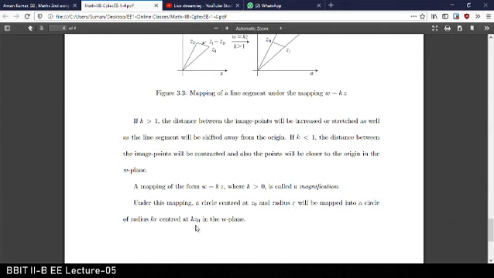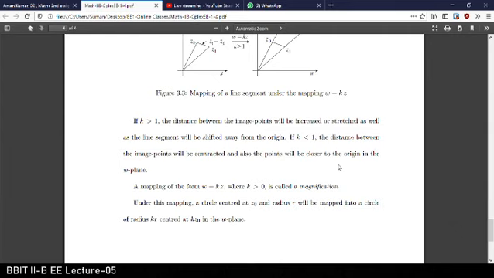So under this mapping, if I map a circle here, suppose one circle was there, what will happen? It will remain a circle. The only thing is its center will also be shifted, either this side or this side from the original center. It will be on the line joining the original center towards the origin or away from the origin, depending on the value of k.